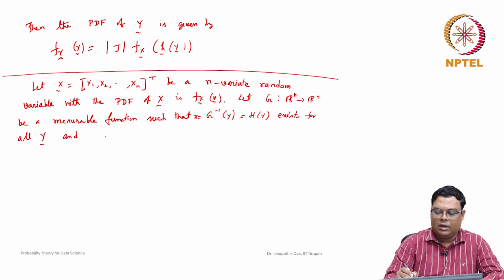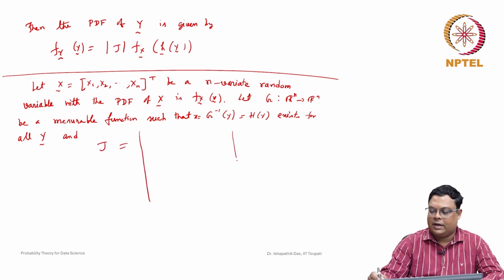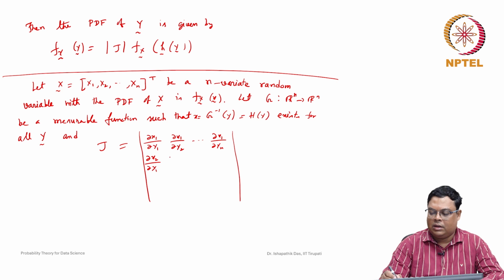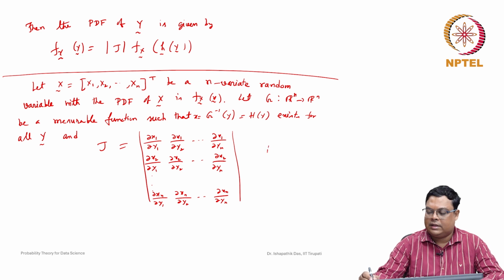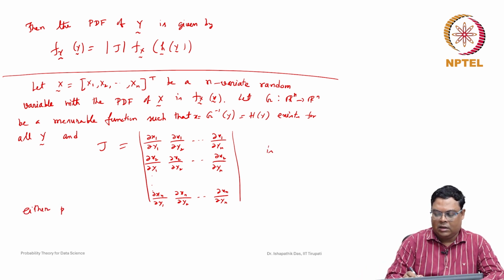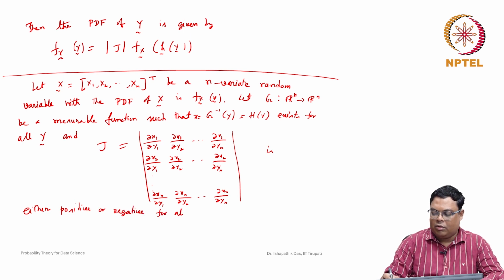And J is equal to the determinant of this matrix, with entries ∂x1/∂y1, ∂x1/∂y2, ..., ∂x1/∂yn, ∂x2/∂y1, ∂x2/∂y2, ..., ∂x2/∂yn, up to ∂xn/∂y1, ∂xn/∂y2, ..., ∂xn/∂yn, and it is either positive or negative for all y.